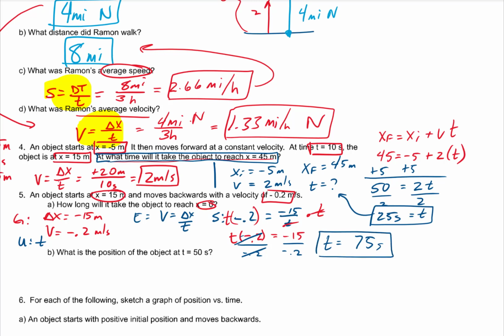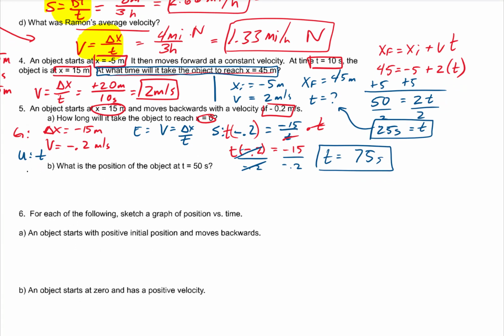What's the position of the object at t equals 50 seconds? So here, for this chunk of our motion, the initial position is still 15 meters. The velocity is still -0.2 meters per second. And the time is 50 seconds. What we want is the final position.